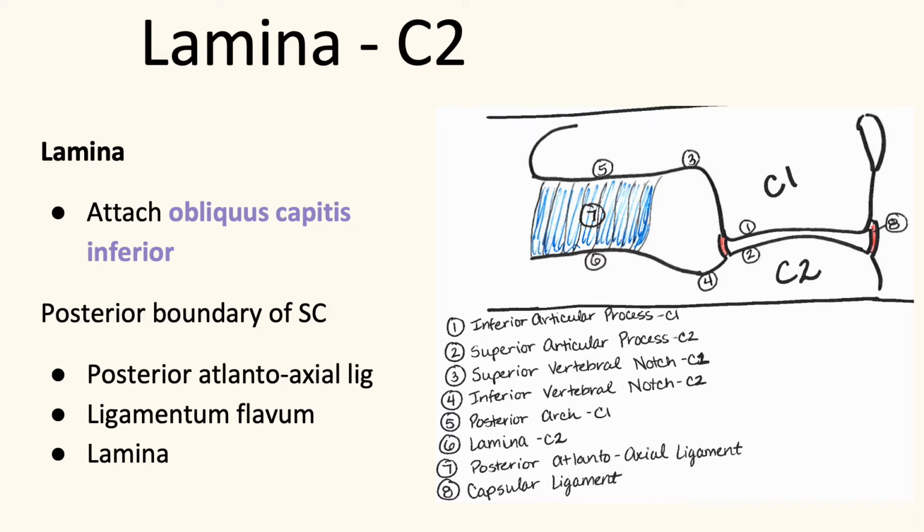And if you remember, both of the obliquus muscles have one unique thing about them. The obliquus capitis inferior is unique because it lacks an attachment to the skull, and the obliquus capitis superior lacks forming a myodural bridge.